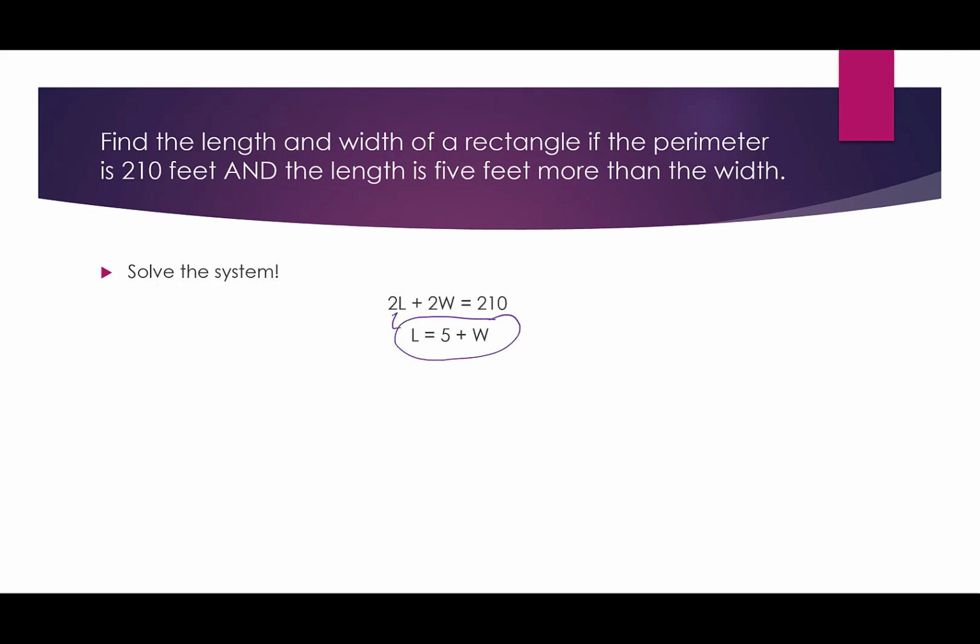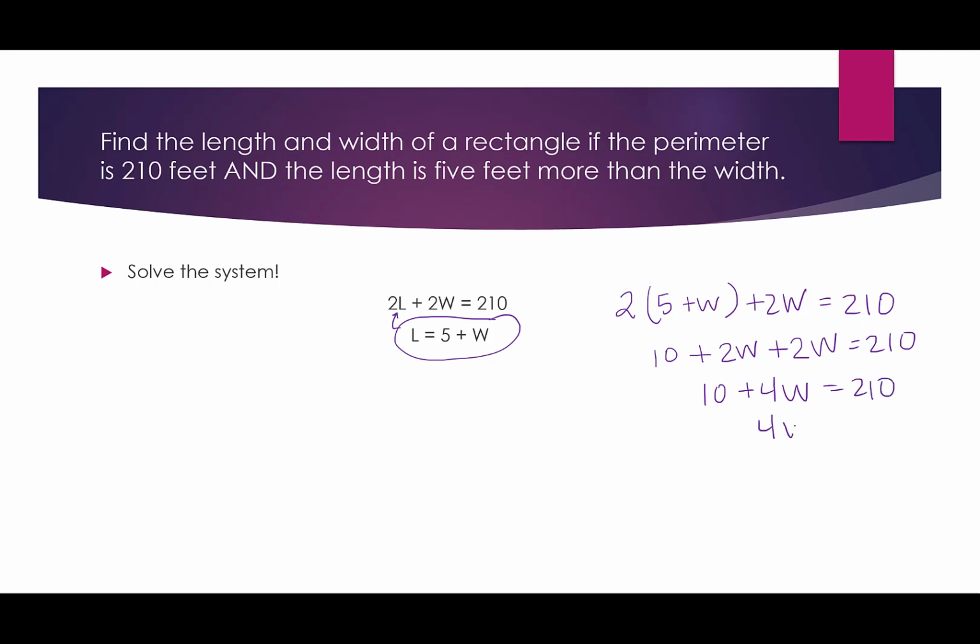I can take this value and plug it into the first equation for L. If I do that, I can solve this equation for W. That's 10 plus 4W equals 210, or 4W equals 200 if I subtract that 10 from both sides.